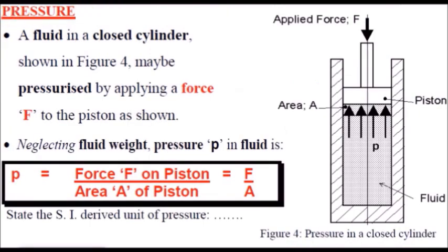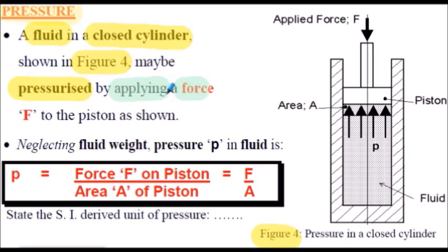Let's consider pressure. A fluid in a closed cylinder, as shown in figure 4, may be pressurized by applying a force, labelled capital F, shown here, to the piston, shown here.